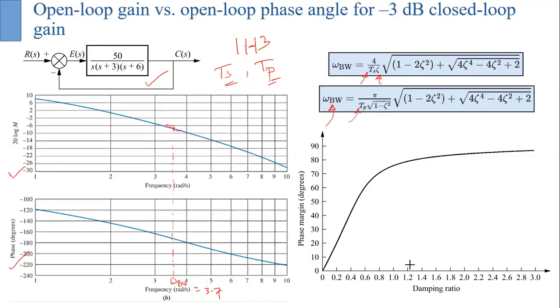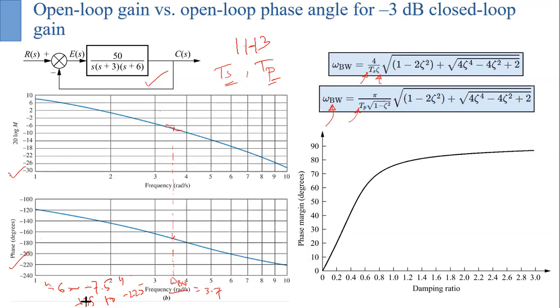We already figured out omega bandwidth based on the condition of the previous diagram, that the magnitude is between minus 6 and minus 7.5, and the phase is between minus 135 and minus 225. Both of them match here, and it gives you approximately the bandwidth frequency 3.7.